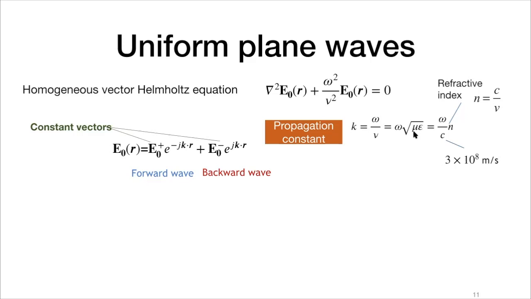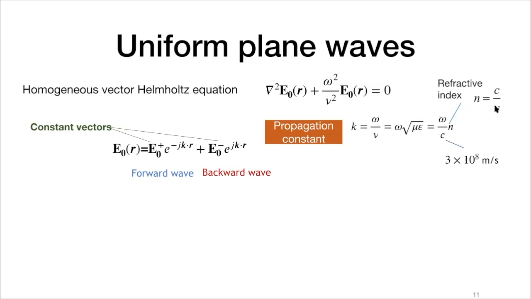times the square root of the product of mu and epsilon, from which we can define the refractive index of a medium. And actually, the refractive index is the relation between the speed of light and the phase velocity in that medium. Remember that the phase velocity depends on the constituent parameters in the medium, which are mu and epsilon. So n tells us about the constituent parameters.